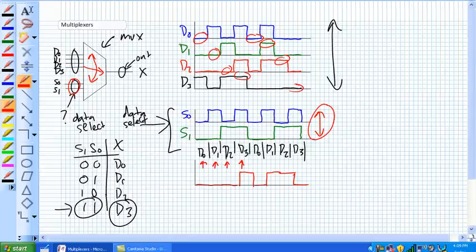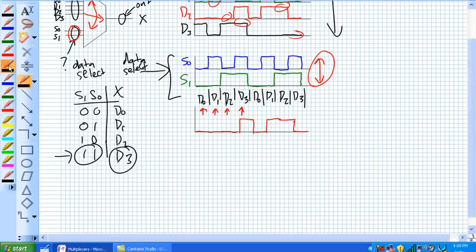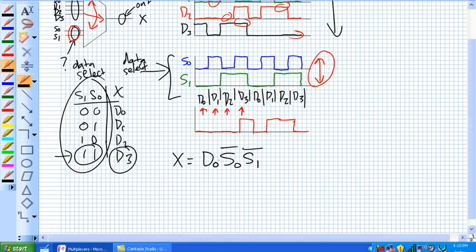Okay? So the combinational logic for this: X is going to be equal to D0, D1, D2, or D3, depending upon these guys right here. So for a single combination, X will be equal to D0 when S0 and S1 are negated.